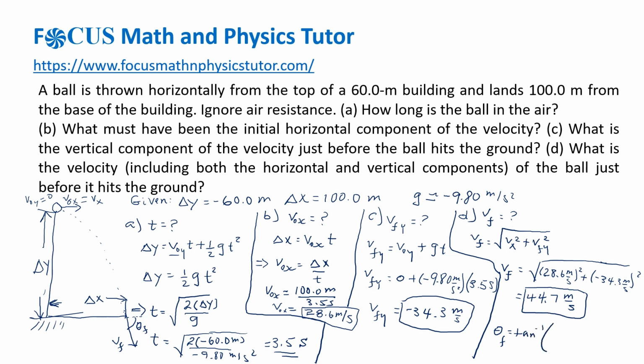The vertical component v f y over v x, tan inverse of negative 34.3 over 28.6, meters per second goes with meters per second. And that will be the direction. That's equal to minus 50.2 degrees.